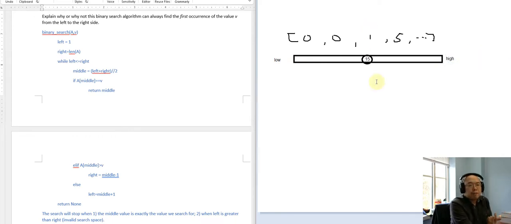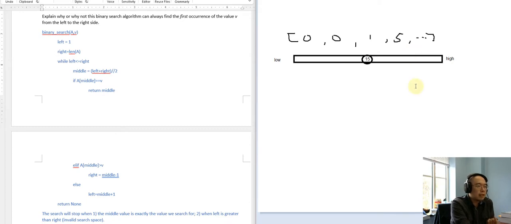If we are looking for 20, you know the middle value is 15, but we are looking for 20. In this case, you only search the upper half, which is this part, and you don't want to search the lower half again, right? So this is the idea for a binary search. And for the binary search, there is a precondition that we have to have the list pre-sorted already.